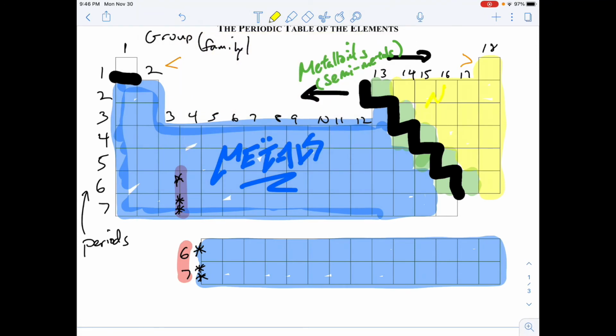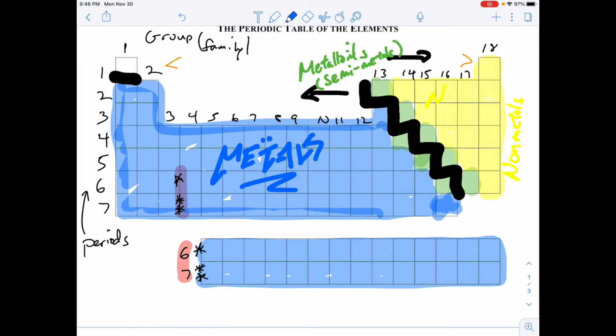And you can't read that, of course, but let me write it on the side over here. Okay, there are nonmetals. By the way, this element down here, a little blue.